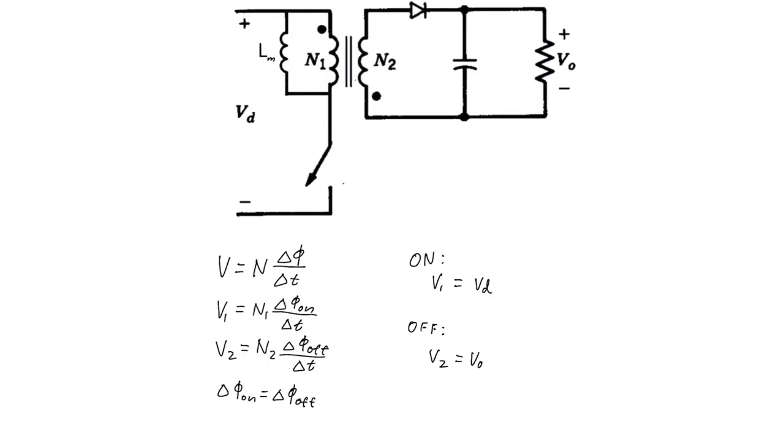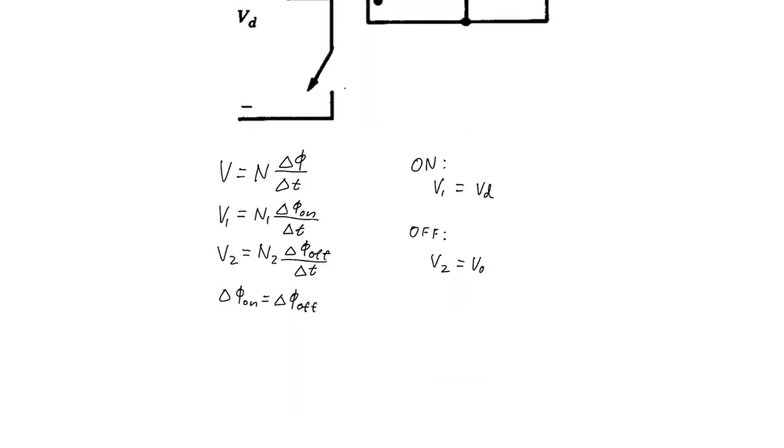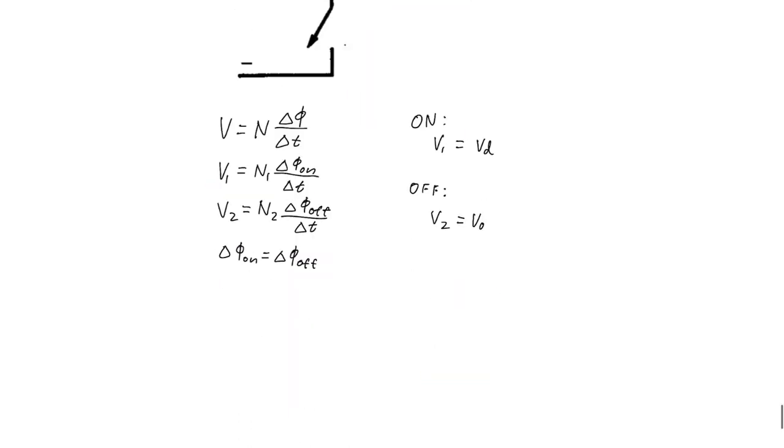Now if we solve this one equation here for the change of flux when it's on, and this equation for the change of flux when it's off, we can put those two fluxes into this equation and get the ratio between VO and VD, assuming that we also use these two. We can just solve the general one first.